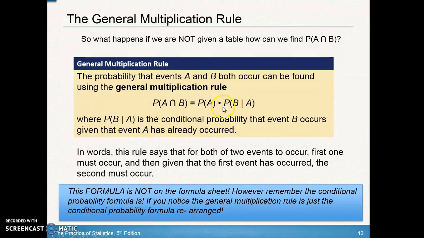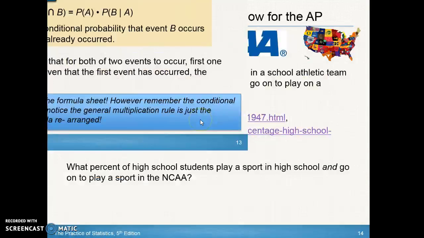However, think about your conditional probability formula. If I rearrange this and put the probability of A under there, then rearranging again gives me my AND probability. So if I divide by the probability of A, that's your conditional formula in your formula sheet. Then when I multiply the probability of A back out, that gives me my AND formula. It's the general multiplication rule. It's just the conditional formula rearranged.